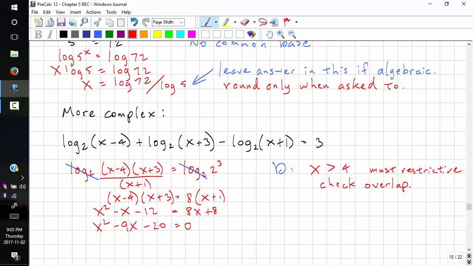It's hard to tell if this is factorable, so it's best to use the discriminant. B squared minus 4ac, so that's negative 9 squared minus 4 times 1 times negative 20. This equals 81 plus, this is 80. This is 161. 161 is not a perfect square.